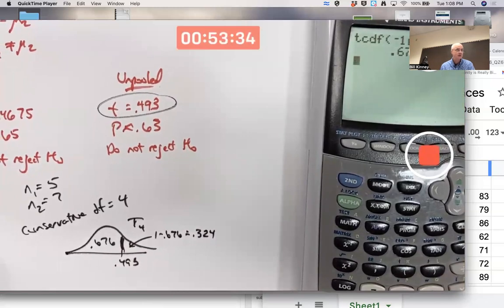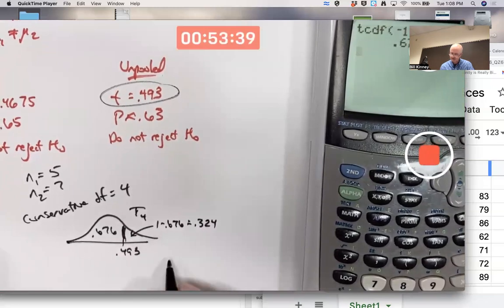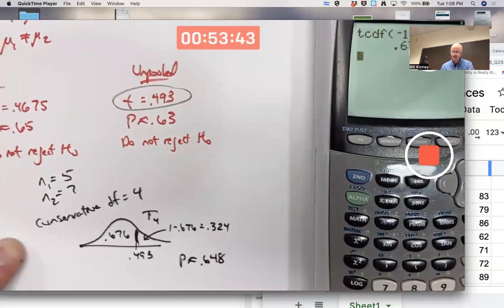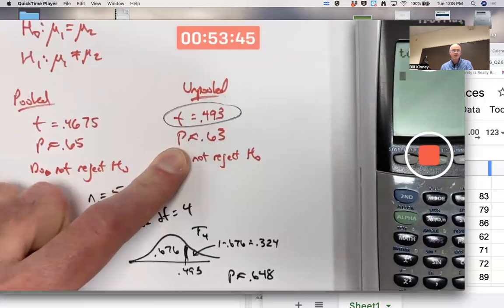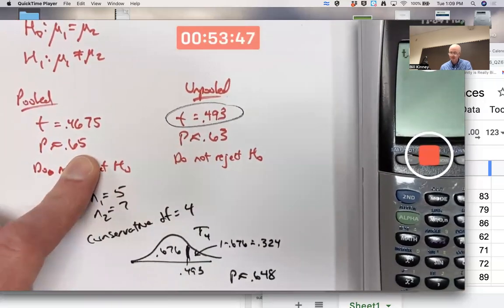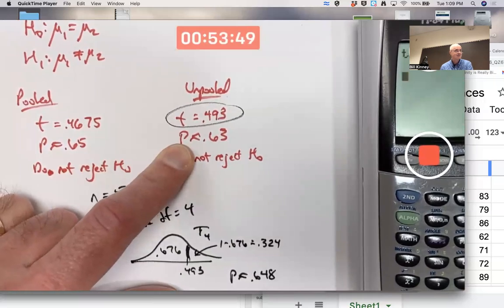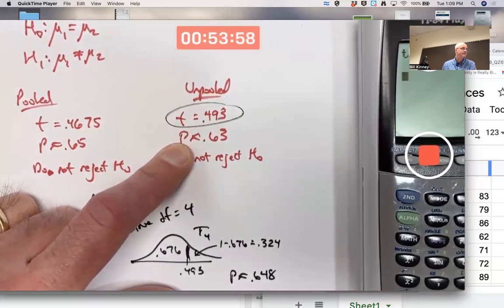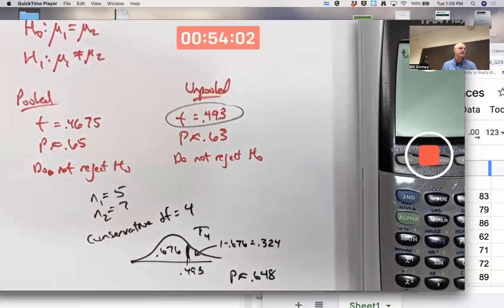But for the p-value for a two-tailed test, you've got to double that area. So the p-value is 0.648. Yes, a little bit bigger than that. Just slightly, but if the p-value were close to 5%, it could make a difference if you were using alpha equals 5%. You are making it harder to reject the null.